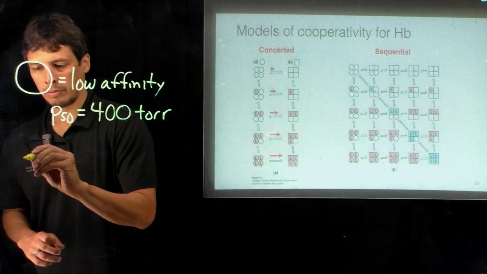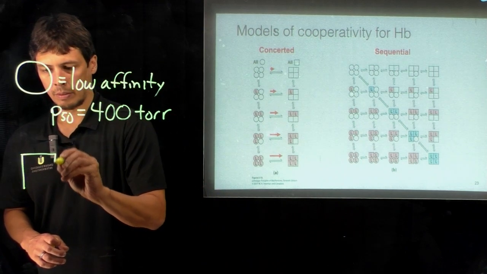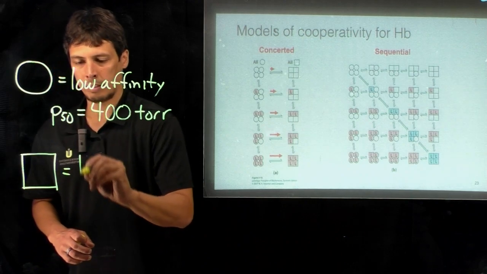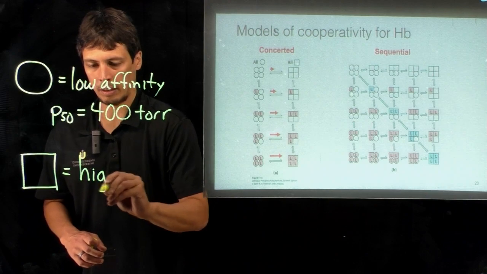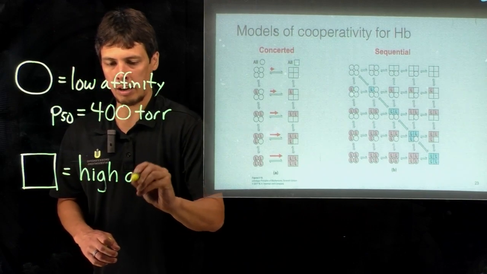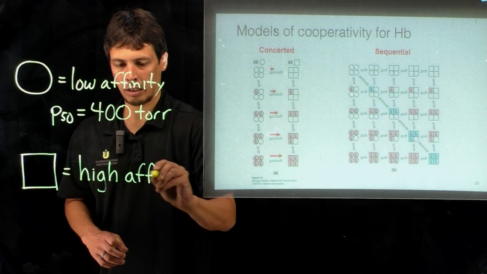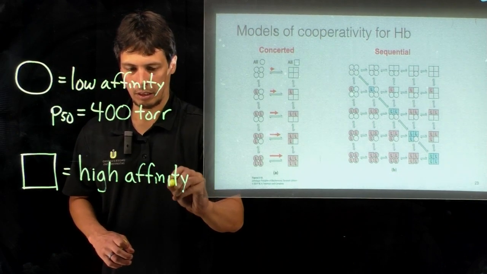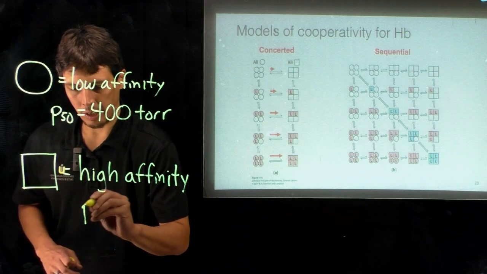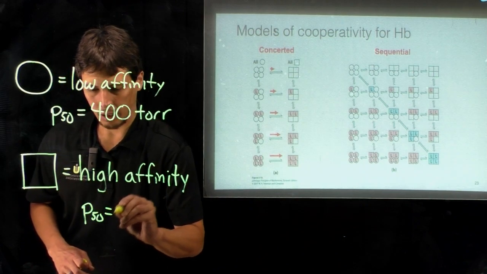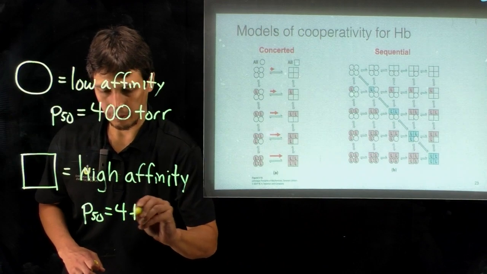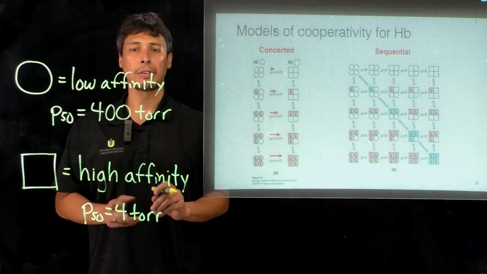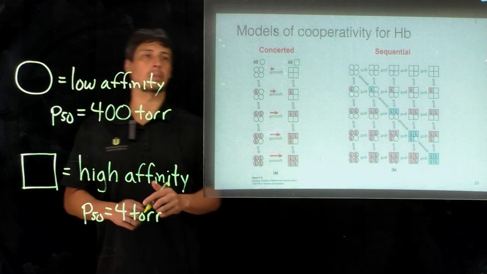Whereas the square, not the triangle, is high affinity. And so we can think of this as having a P50 of 4 torr. And remember, the lower the value of the P50, the tighter the binding of the oxygen, right?